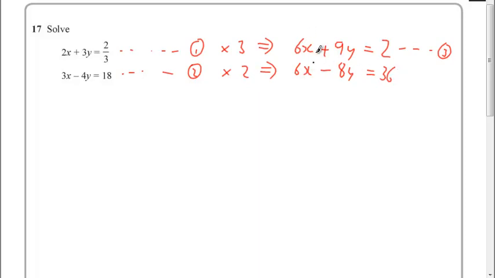Well, to get rid of this 6x, I'm going to subtract one equation from the other, and it's better to subtract this equation here from this one. So I'm going to subtract equation 3 from equation 4. If you want to, you can rewrite these.